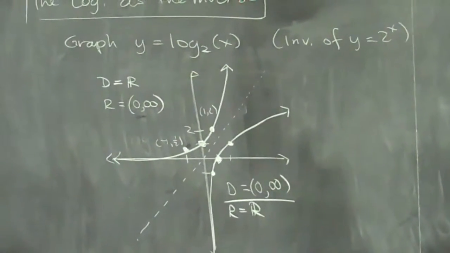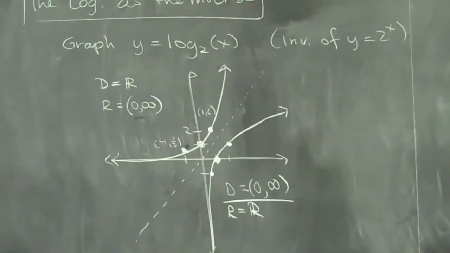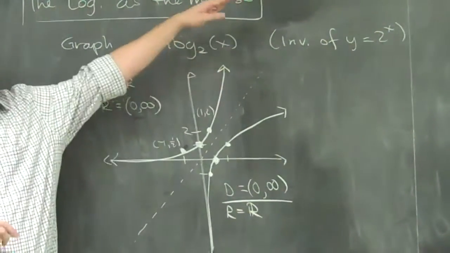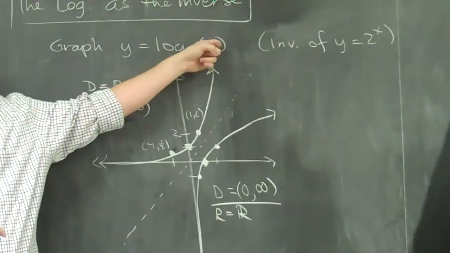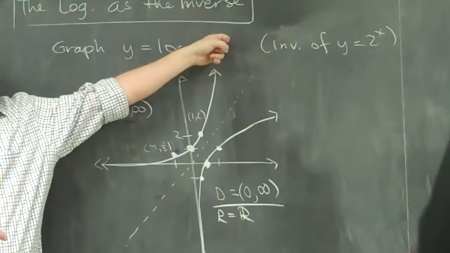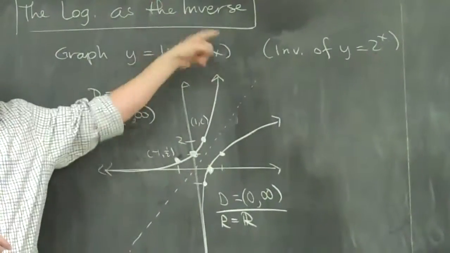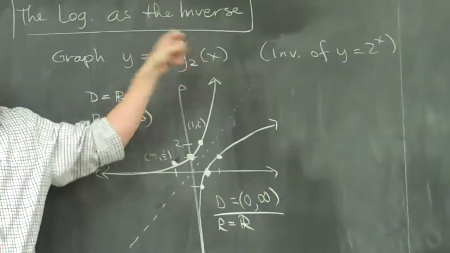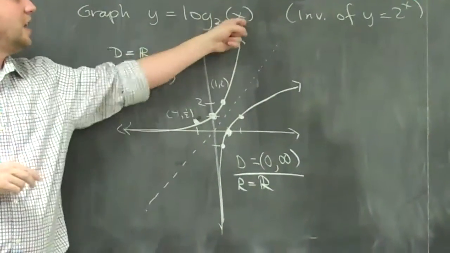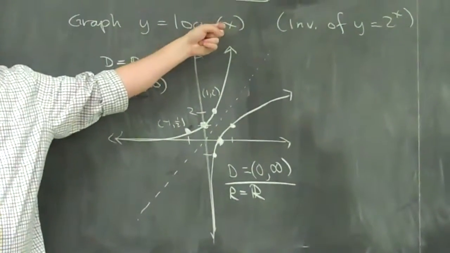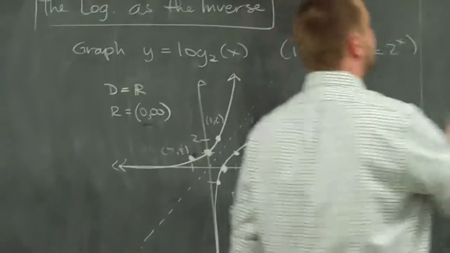No. Can I plug 0 into my log? No. I can only do log base 2 of positive numbers. The log base 2 of -1 is not a real number. The log base 2 of 0 is not a real number. The log base 2 of 1 is. The log base 2 of 0.00000001 is. But it's got to be a positive number. Okay, so we're going to write this down.